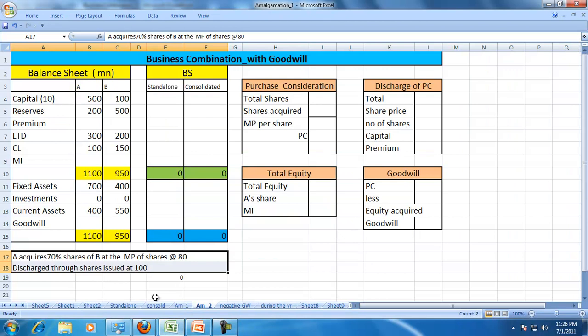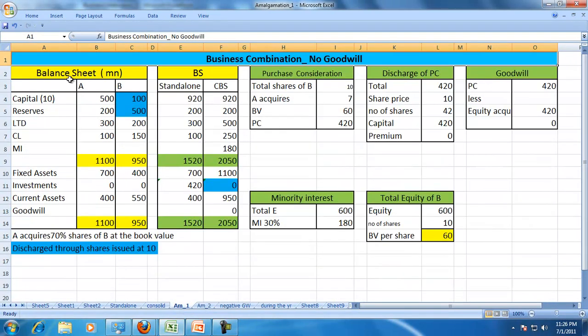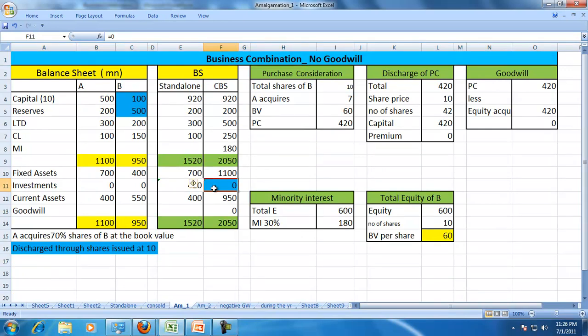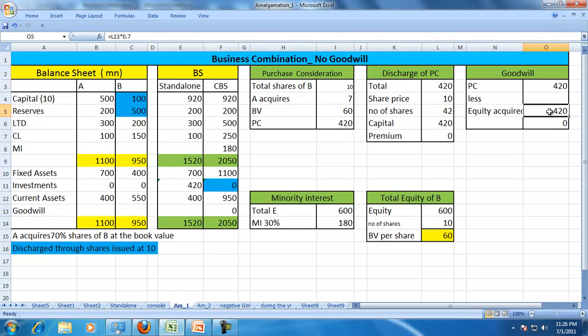In the previous discussion we saw this problem where there was no goodwill, because the purchase consideration was equal to the equity acquired, because the company had taken over the shares at the book value per share.